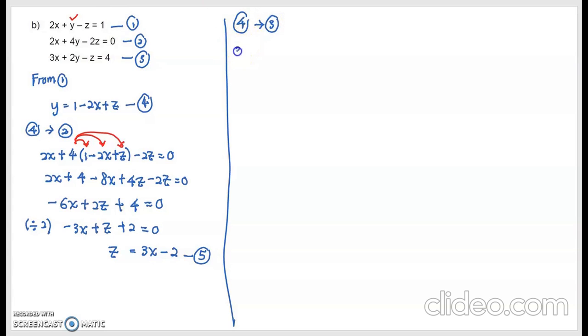So here is 3x plus 2. Here is equation 3. y I change to 1 minus 2x plus z, minus z is equal to 4. Expand: 3x plus 2 minus 4x plus 2z minus z is equal to 4.